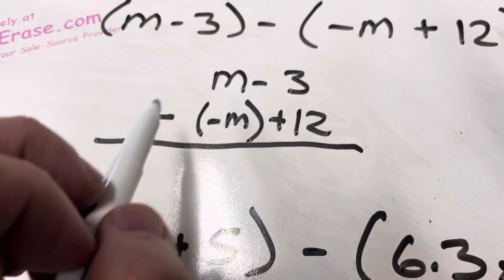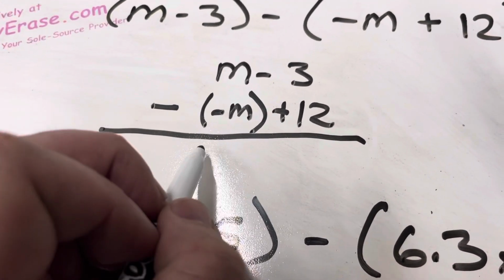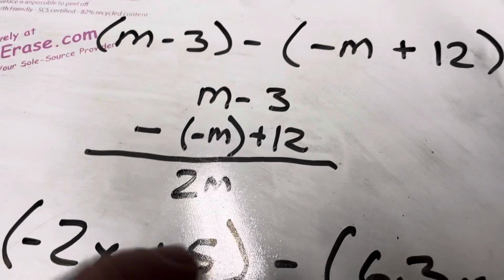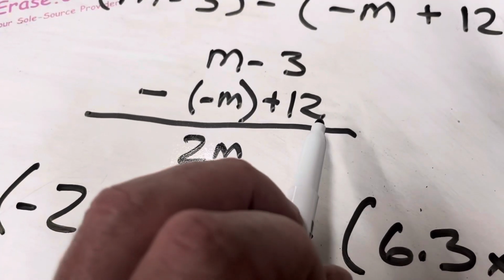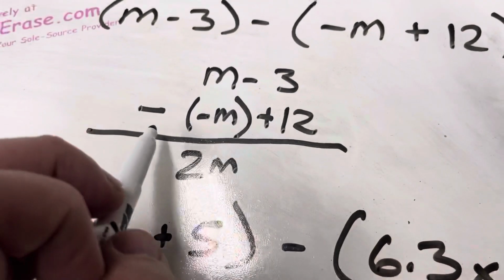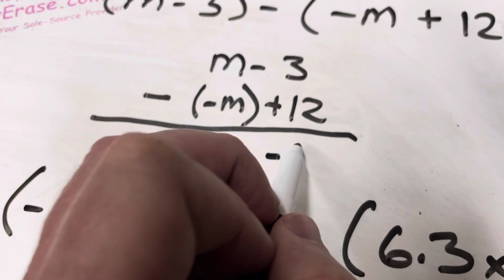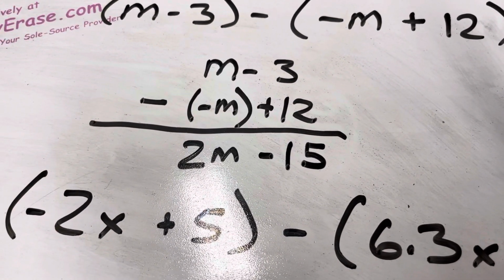So it's like 1 minus a negative 1, which is like 1 plus 1, which makes this 2m. Then I'm doing a negative 3 minus 12, which is a negative 15.